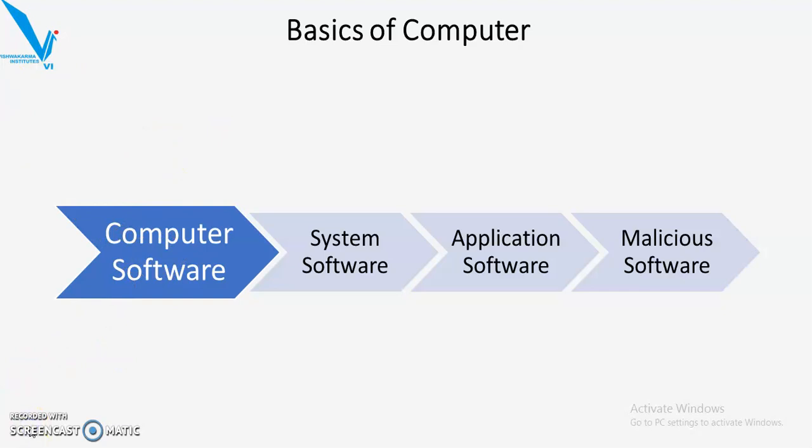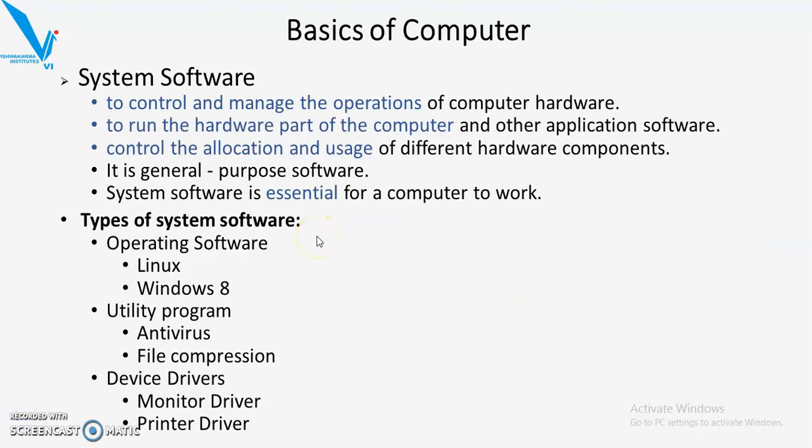Now, computer software. Software is divided into three main categories, that is system software, application software and malicious software. What is system software? System software is a set of software programs which basically used to control and manage the operations of computer hardware. System software required to run the hardware part of the computer and other applications software.